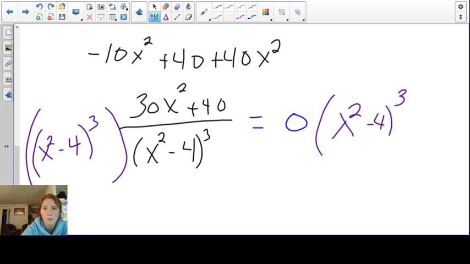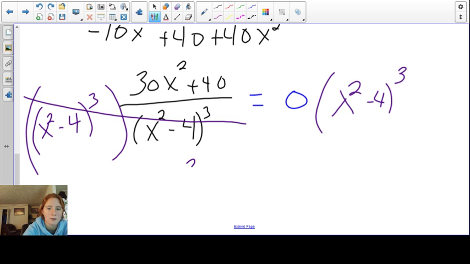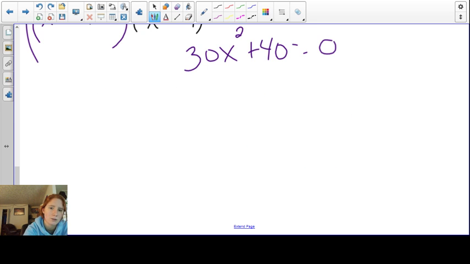Over here my denominator cancels, and I'm left with 30x squared plus 40 is equal to, I have 0 times something, guys, which is just 0. Okay, cool. So that's solve for 0. The max I can take out is a 10. So I'm left with 3x squared plus 4 equals 0.